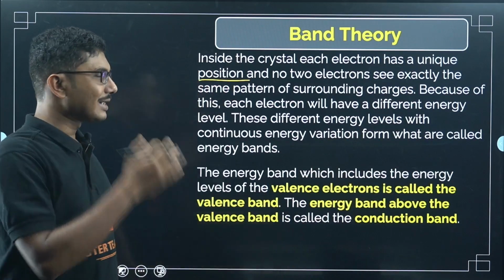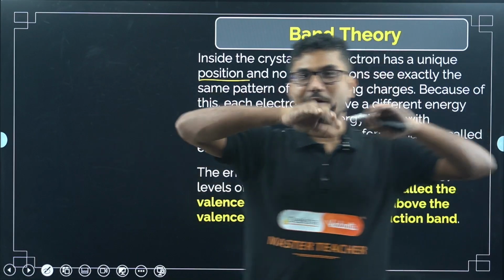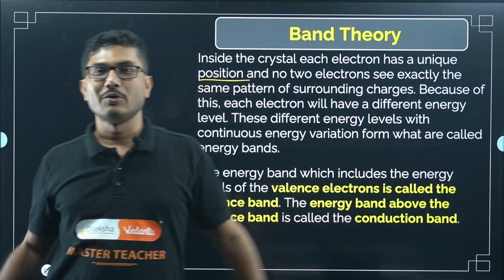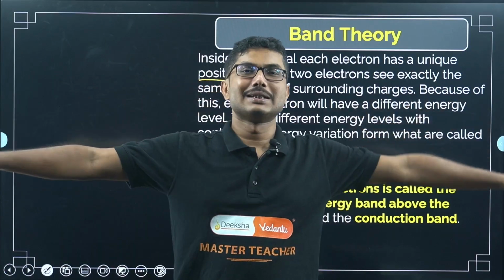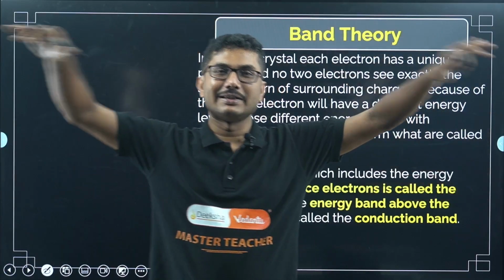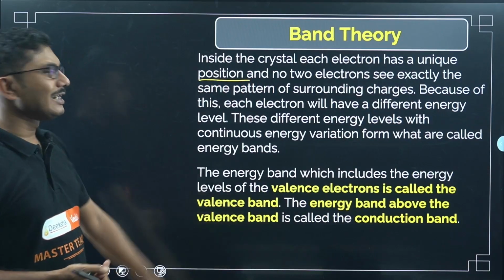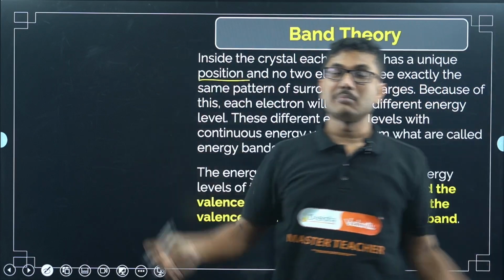You can consider this to be a train where all the persons sitting in the lower berths have some energy. Someone sitting in the middle berth has some energy, and someone sitting in the top berth has the same energy, right? So valence electrons are those which are residing on the outermost shell.